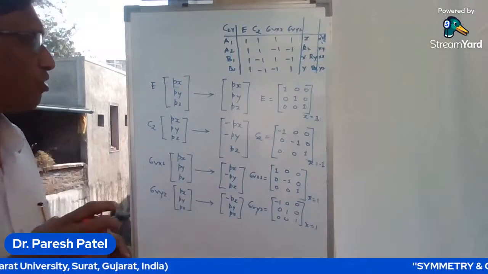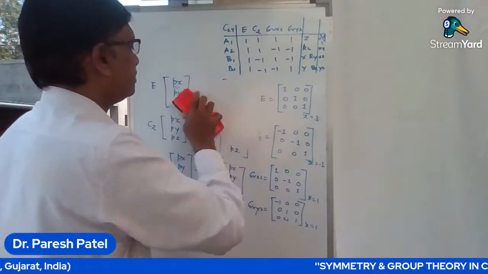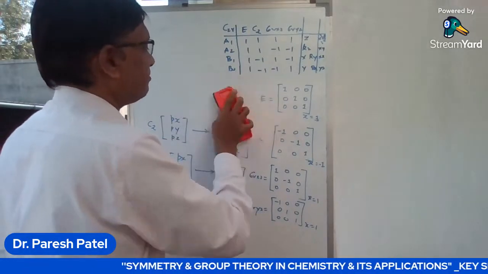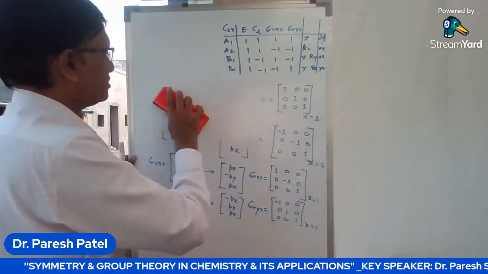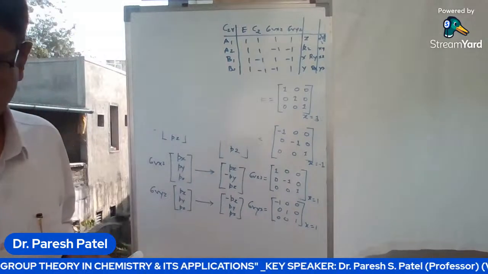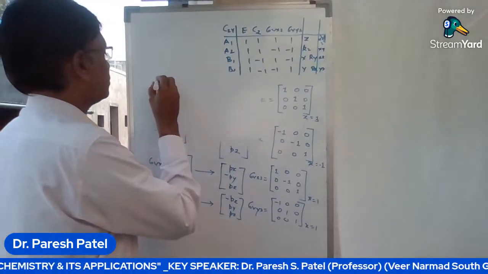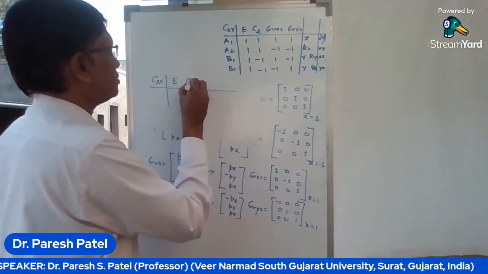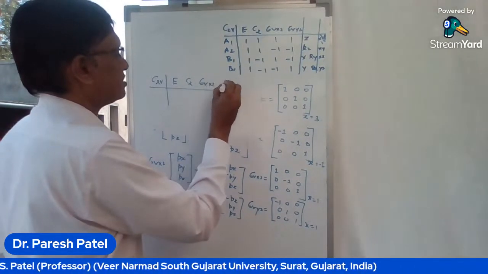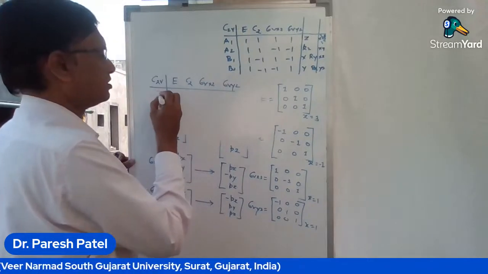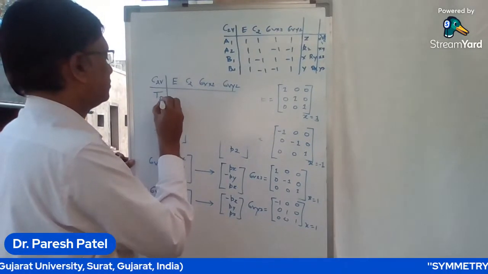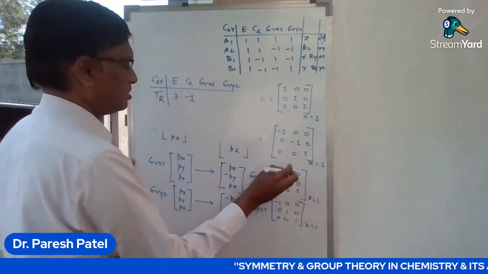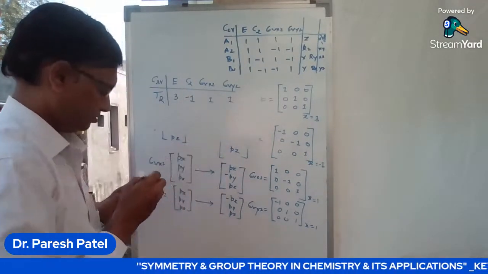So all the symmetry operations can be represented in the form of matrices, and that matrix can be summarized as reducible representations. So C2v, E, C2, sigma Vxz, sigma Vyz: the character is 3, C2 is minus 1, 1, and 1.